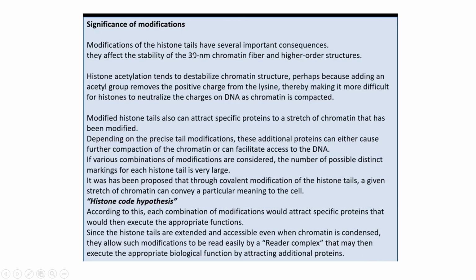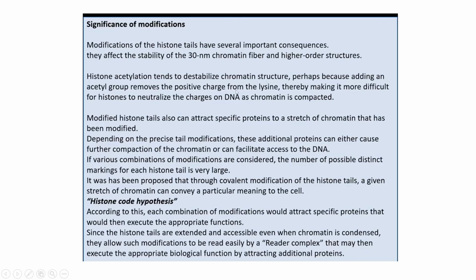So it helps in the efficient packaging. Histone acetylation tends to destabilize the chromatin structure because adding an acetyl group removes the positive charge from the lysine, thereby making it more difficult to neutralize the charge in the DNA as chromatin is compacted. So I told that histone acetylation will destabilize the binding of histone with the DNA.